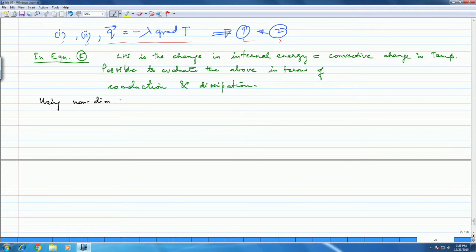These are similar to what we've been doing so far. Non-dimensionalized quantities, which is x star, then theta.